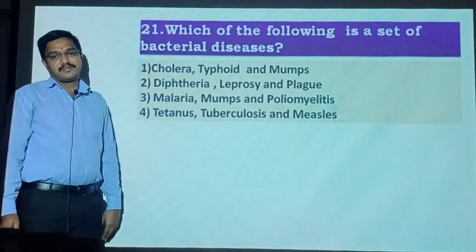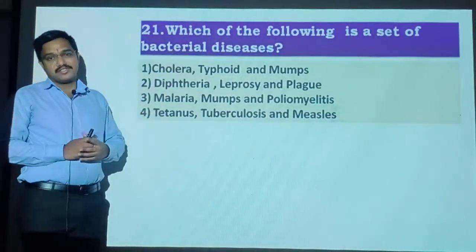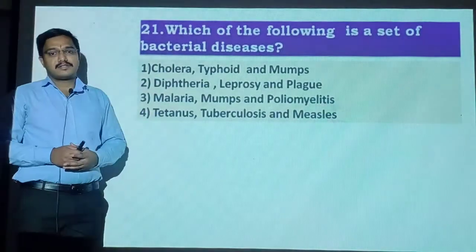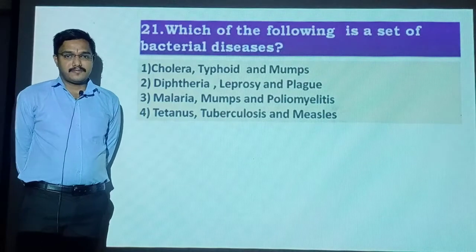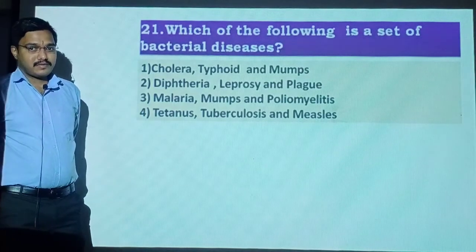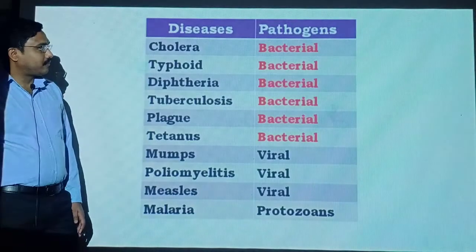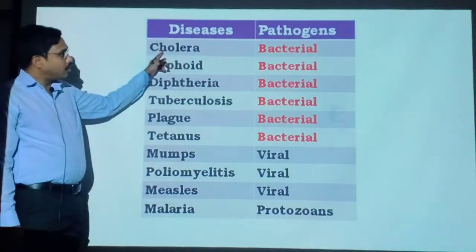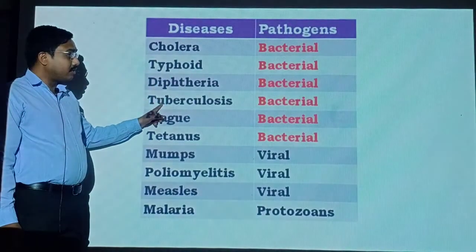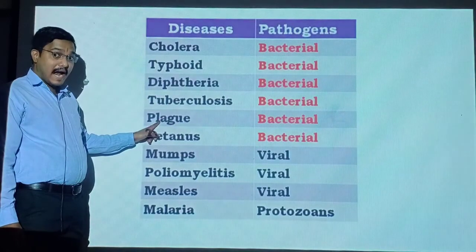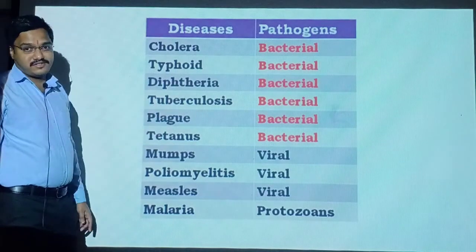We have to select bacterial diseases. Just see the options. Now see here. As we know, cholera, typhoid, diphtheria, tuberculosis, plague and tetanus are bacterial diseases.